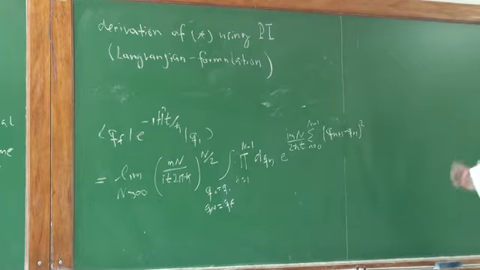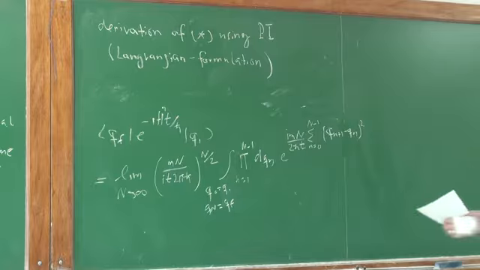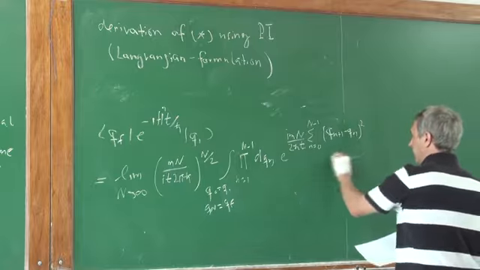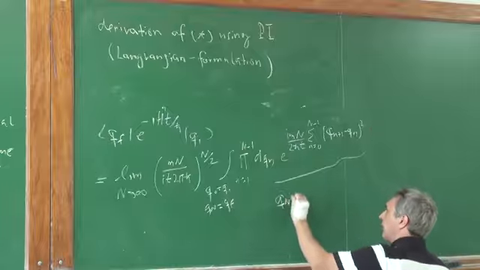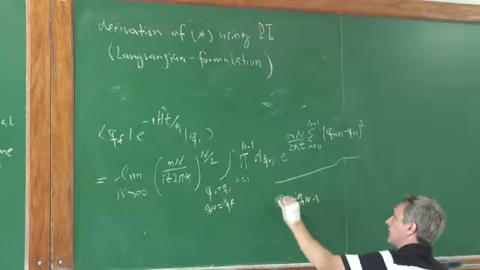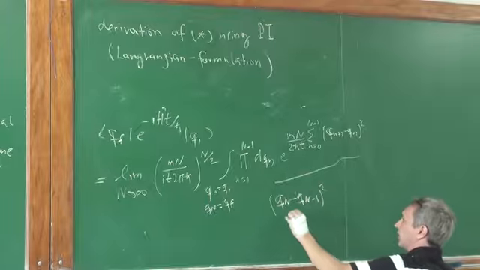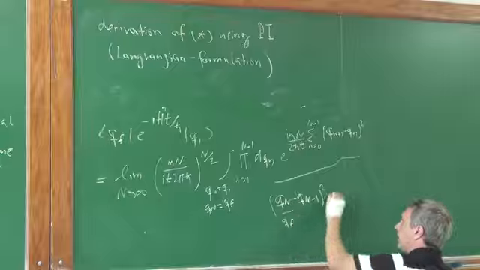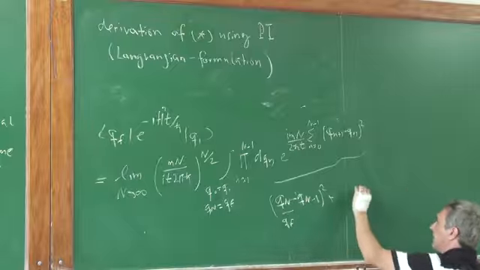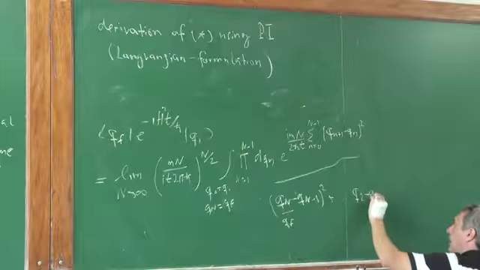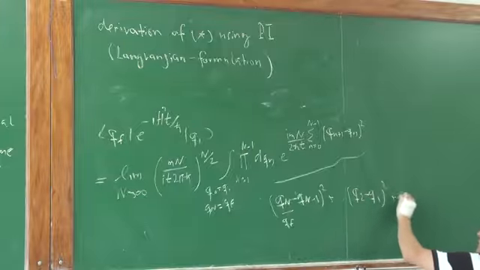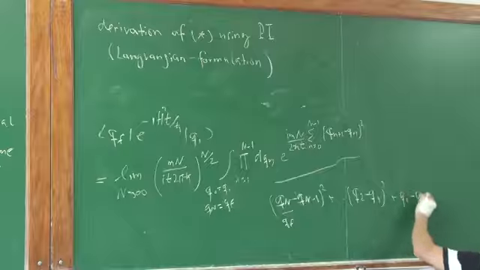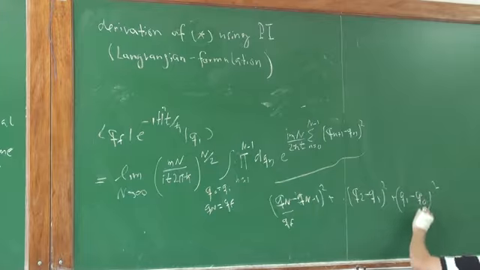This is just doing simple Gaussian integrals, so let me write this out explicitly. So this is Qn minus 1 squared, this here is Q final, plus and so on, and then we have Q2 minus Q1 squared plus Q1 minus Q0, which is Q initial.